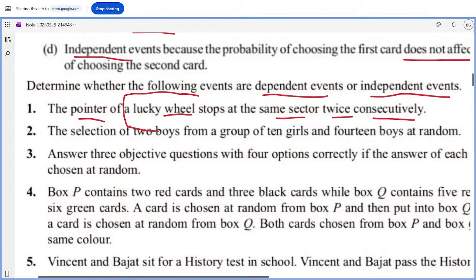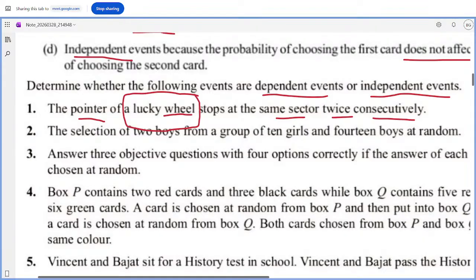Lucky wheel. If you play this, you will understand the situation well. If you never play, a bit hard. Basically, if you join contests, they will ask you to spin, right? Especially in the shopping mall. Then you can win some voucher or free gift, right? So you think and see, when you spin it 2 times, the pointer stops at the same thing. So do you think it affects each other or doesn't affect each other?